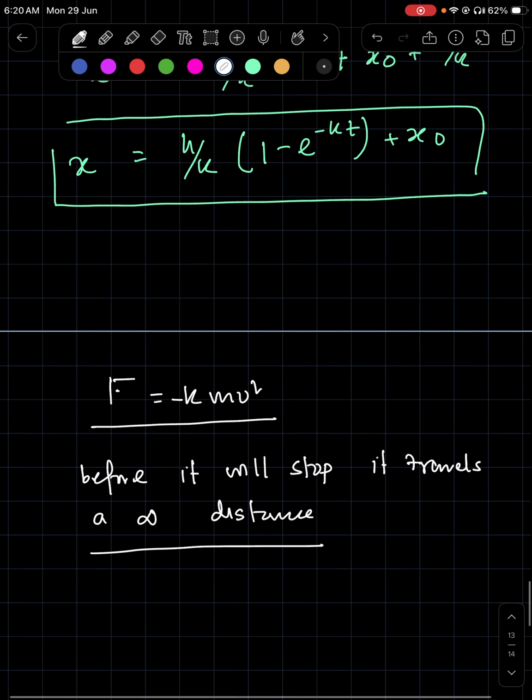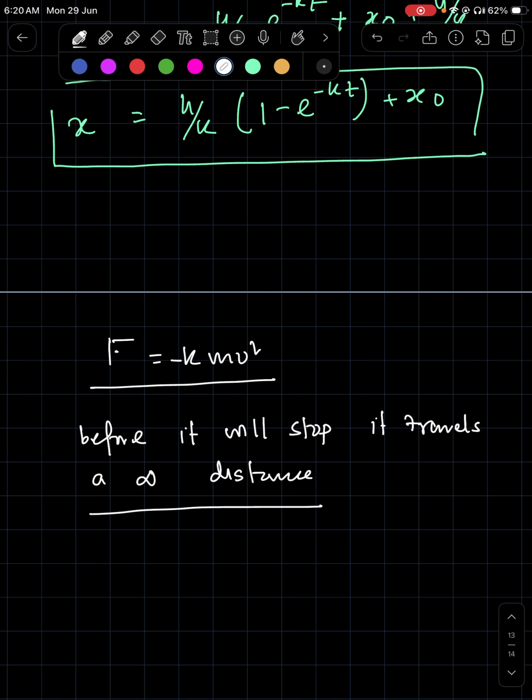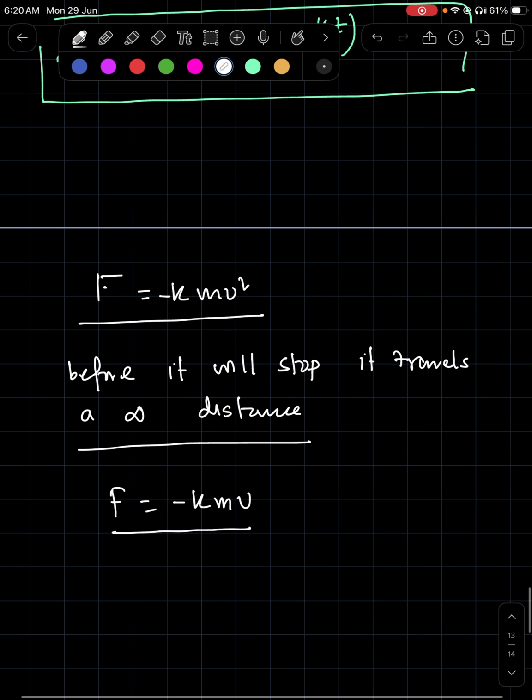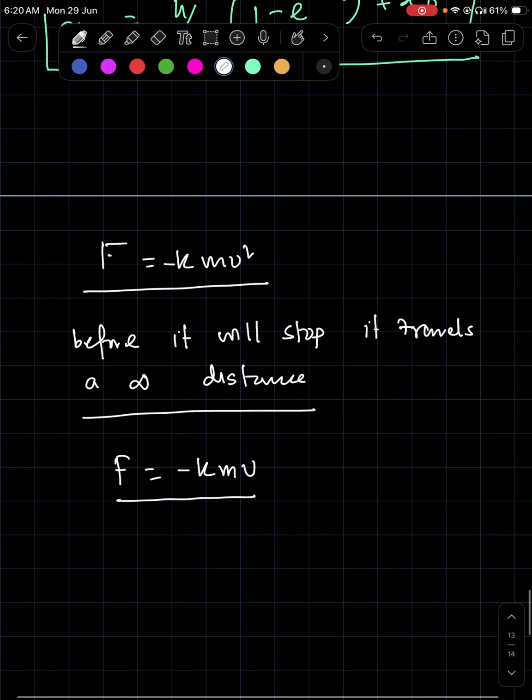But when we are considering F equal to minus kmv, then what will happen?